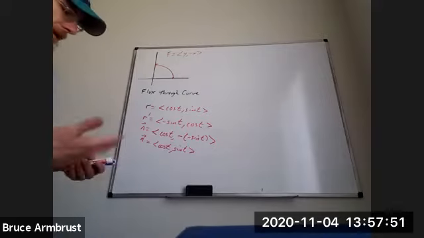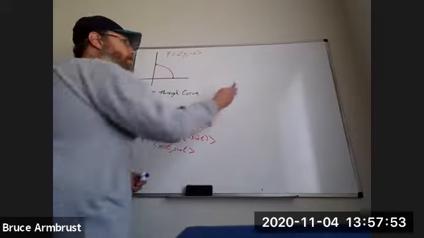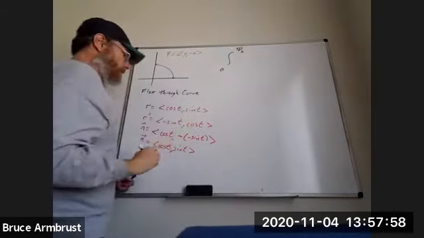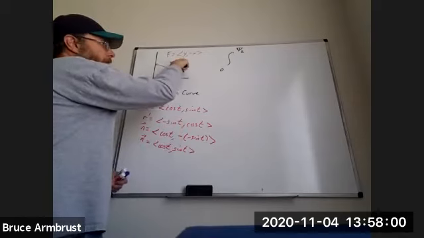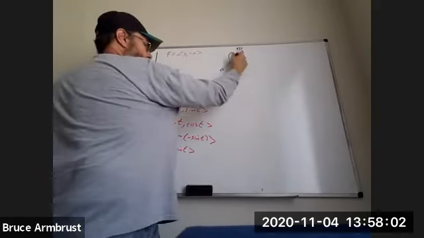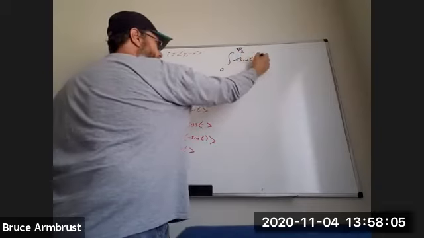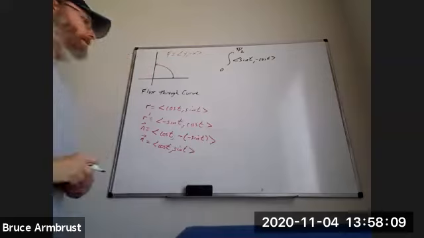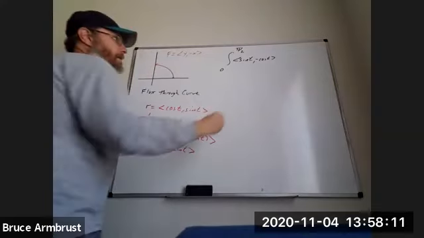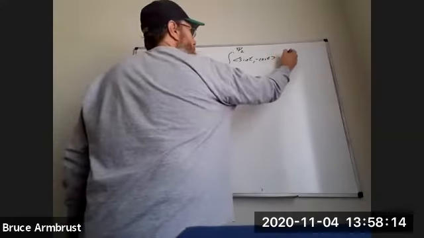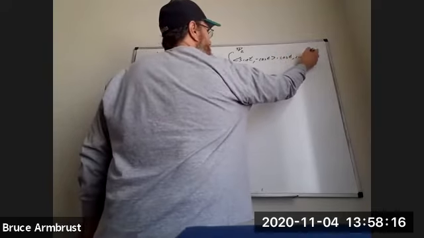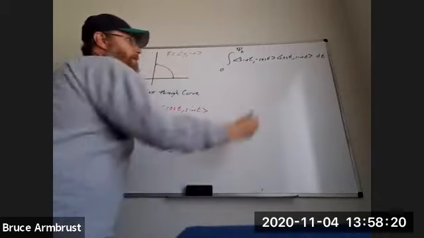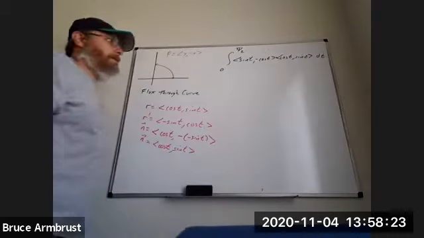All right, so let's calculate our flux. We're going to integrate from 0 to pi over 2. We're going to take our field, and if we convert it, it's sine t comma minus cosine t. We're going to dot that with n, and then integrate with respect to t.